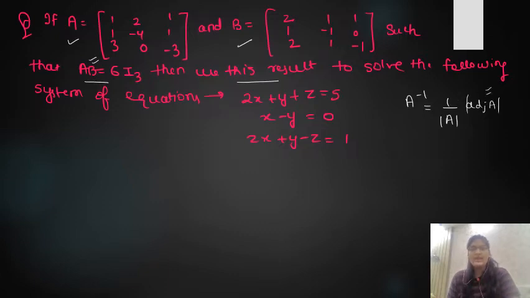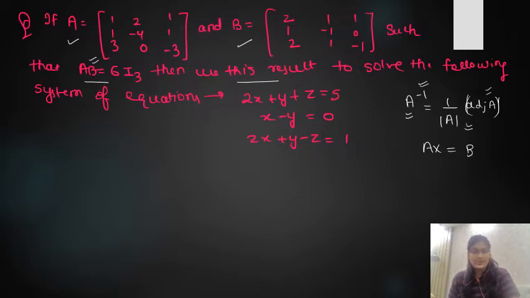And adjoint A is the transpose of the cofactors matrix, okay? So this is your A inverse. Now once you find out A inverse, when A determinant is not 0, otherwise it will make it an indeterminate form. So once your A inverse is there, you have to apply this form.